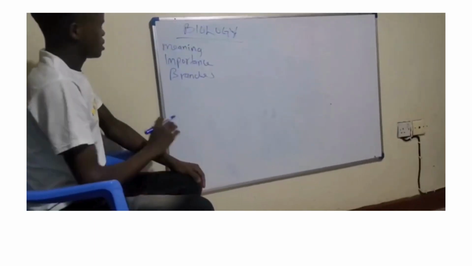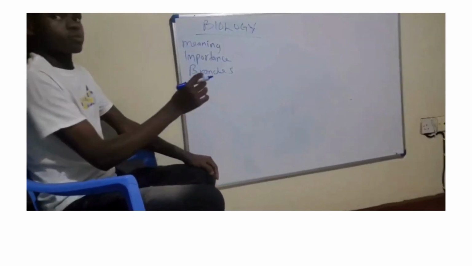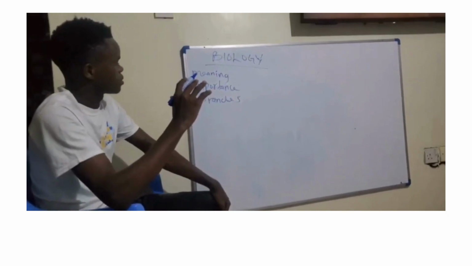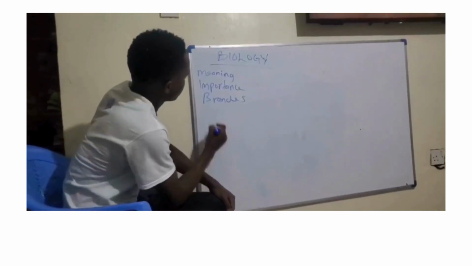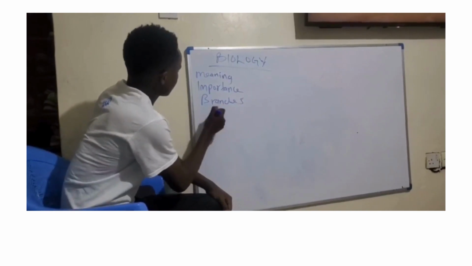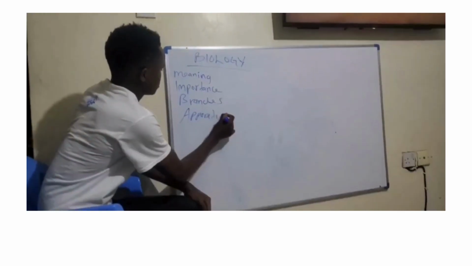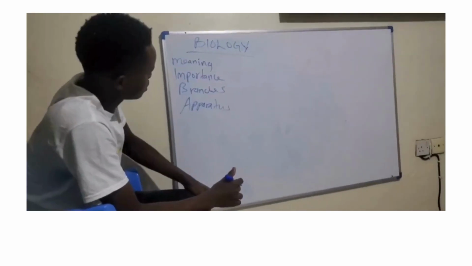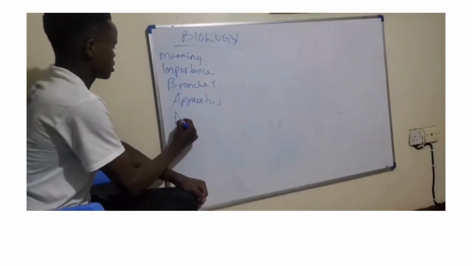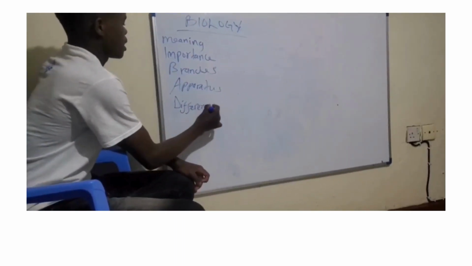Once we are done with the branches, we are going to go direct to have a look at the instruments or apparatus that are used to collect specimens, and we're also going to have a look at the differences between plants and animals.